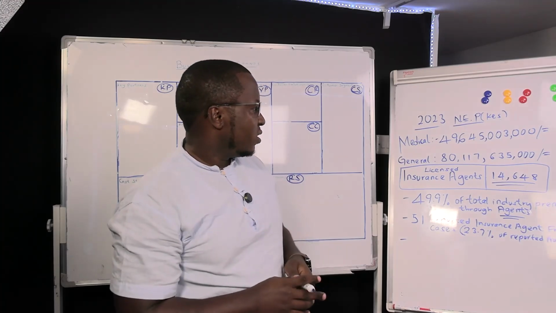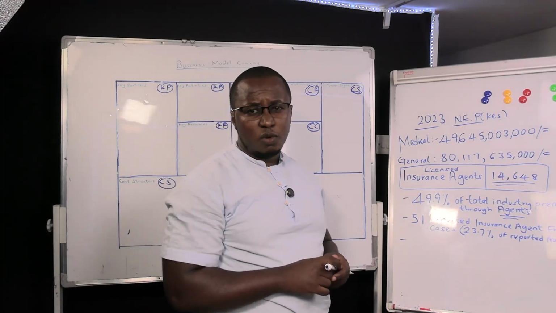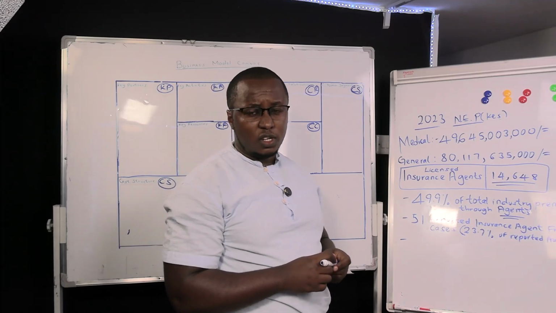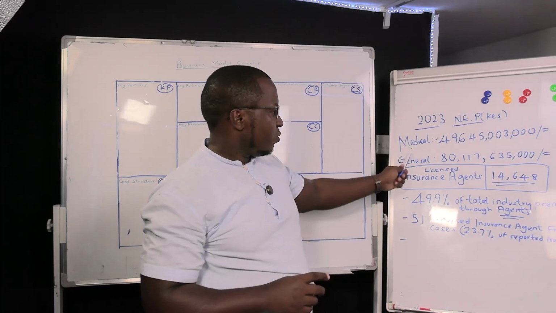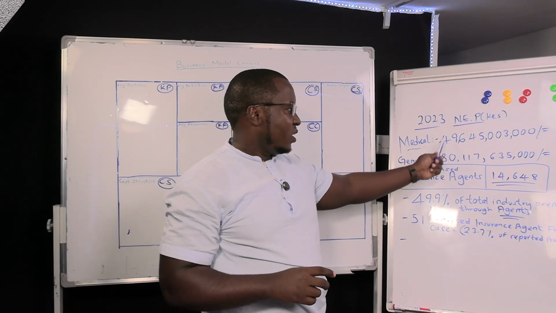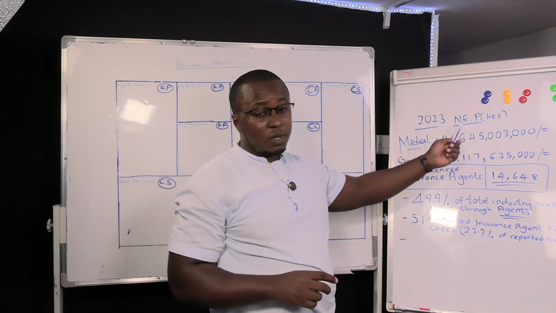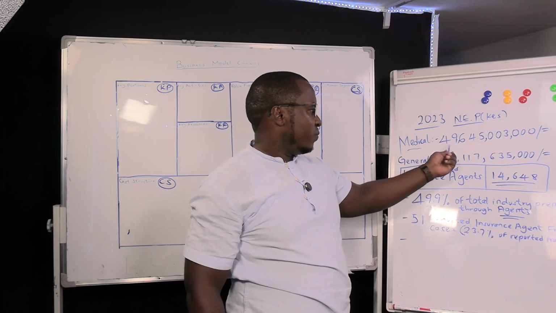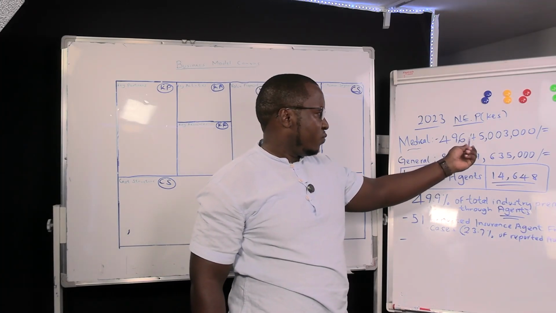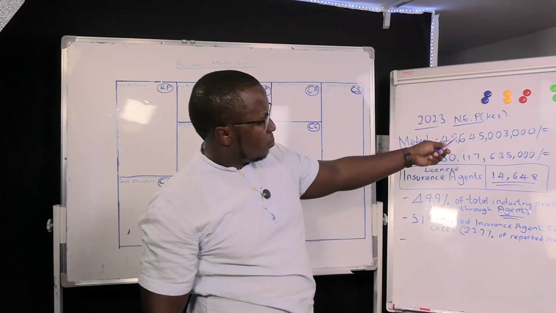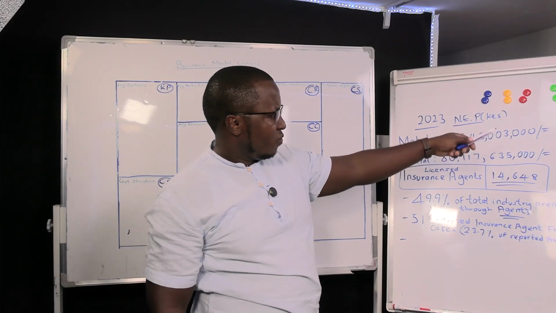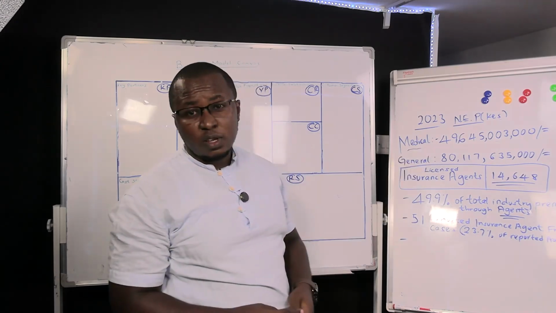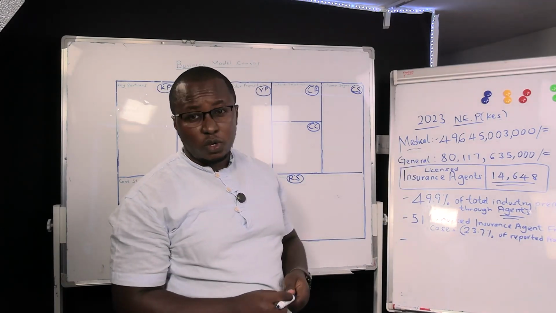So when you look at the 2023 performance based on the Insurance Regulatory Authority industry report, we notice that under medical insurance, the net earned premiums for that particular year was 49 billion 645 million, and of course it's estimated here, but we can say 49.6 billion was for medical insurance.